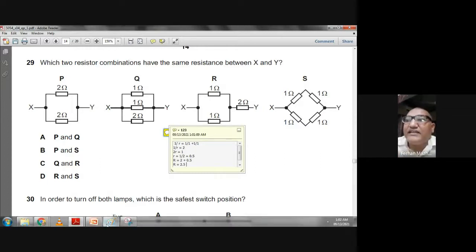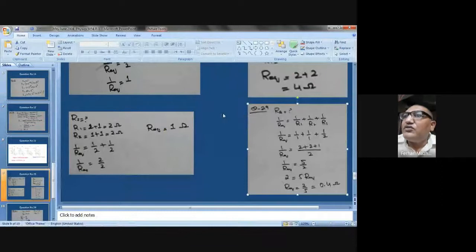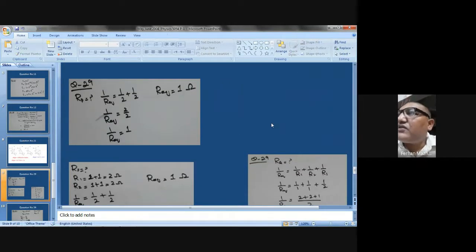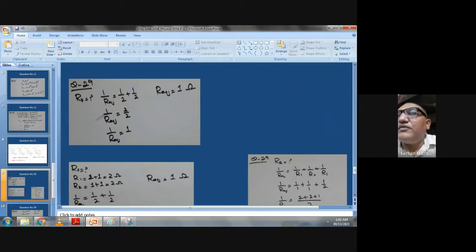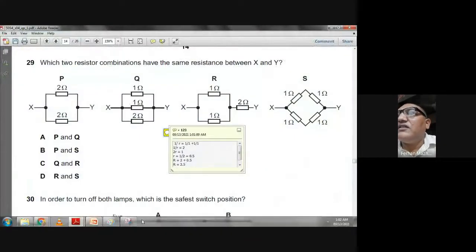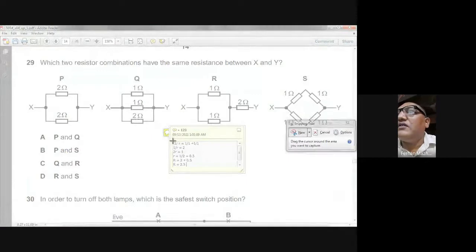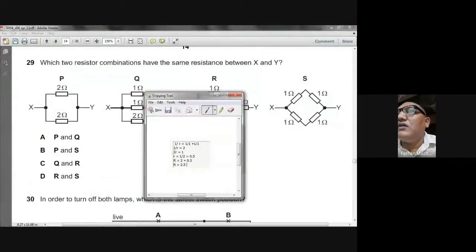On my slide, I think I made a mistake. So here this is a mistake. Okay, so let me remove this from here, and let me bring this one here.